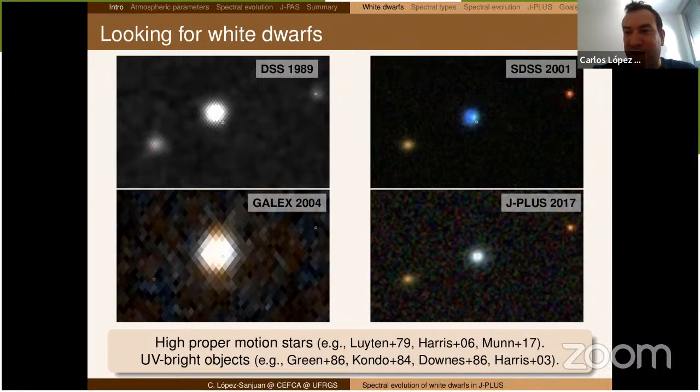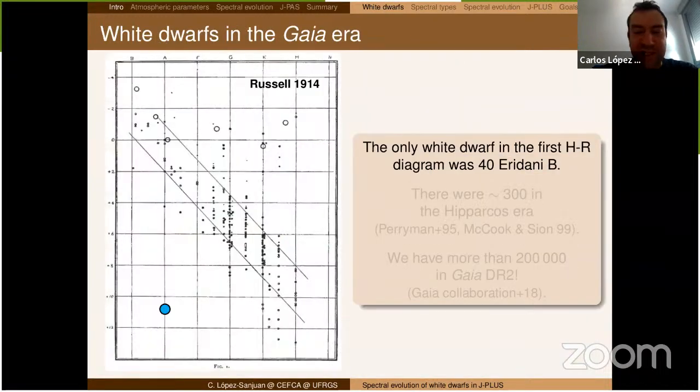But you can think, okay, this is not very clever, because we saw at the beginning, the luminosity of a white dwarf is like 10 magnitudes less than a main sequence star. So you only need to go to the HR diagram and look for objects in the region of the white dwarfs.